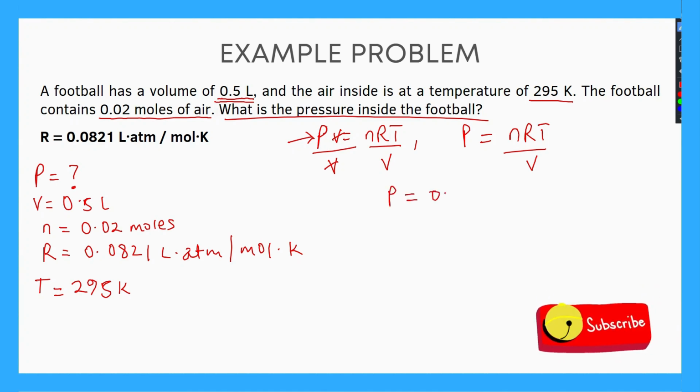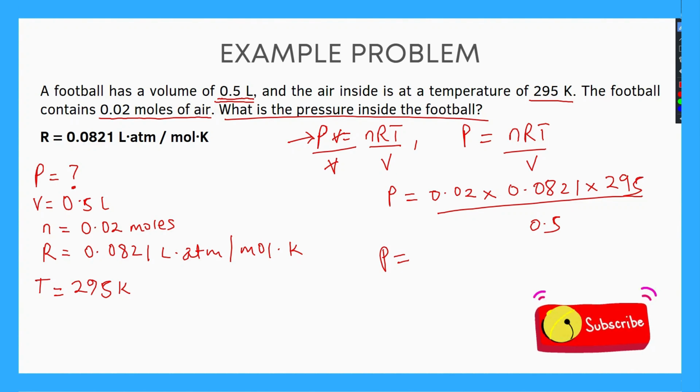So let's input our variables right now. n is 0.02 multiplied by R, which is 0.0821, multiplied by T, which is 295, all divided by the volume, which is 0.5. So P is equal to 0.02 multiplied by 0.0821 multiplied by 295.